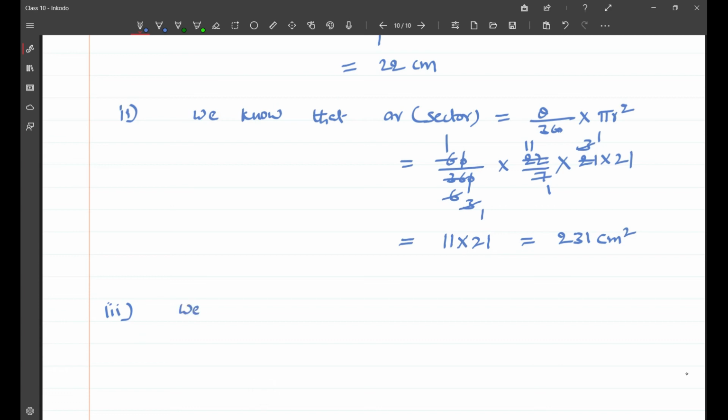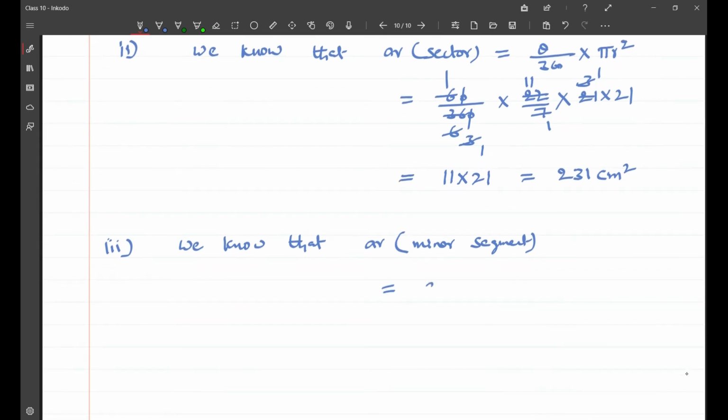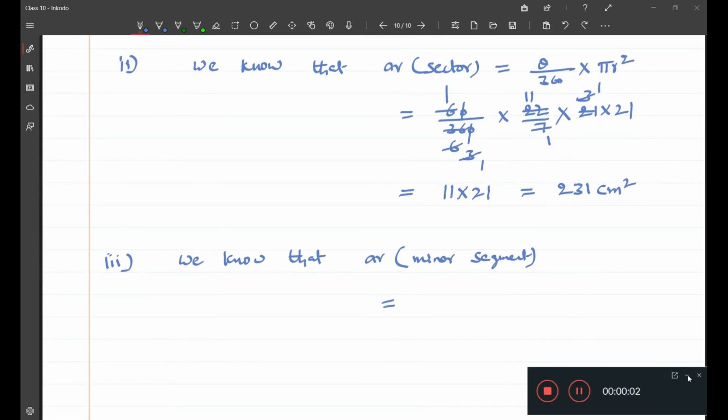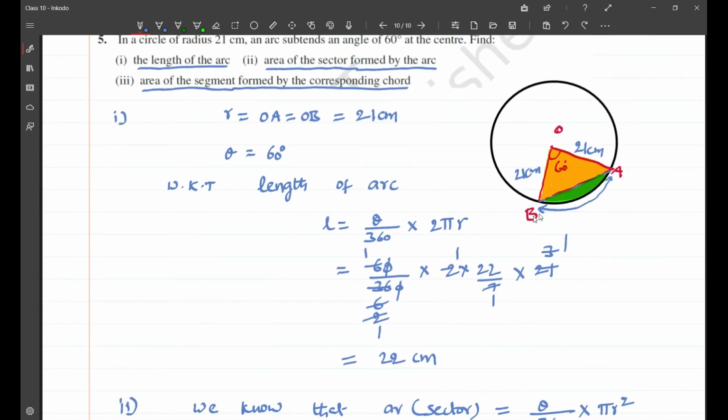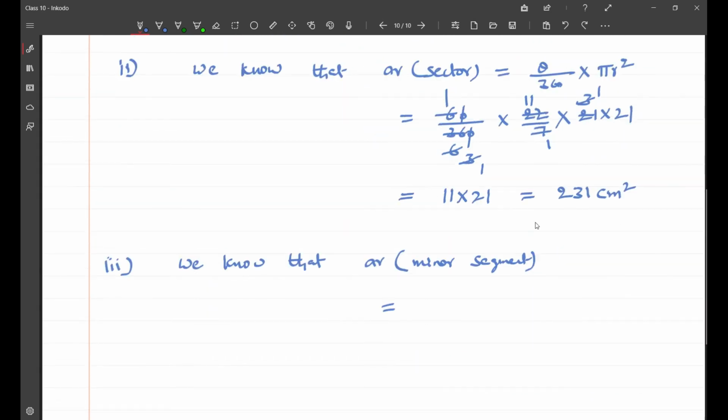We know that area of segment is equals to, we need green portion from this figure. That means from area of sector, if we subtract area of triangle OAB, then we will get the required area of segment. Okay, let's write those portions.